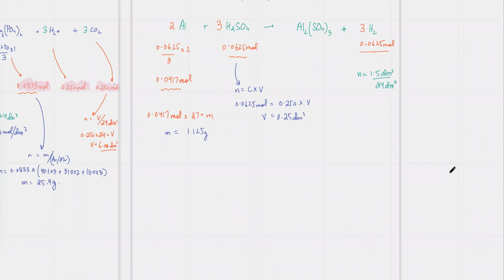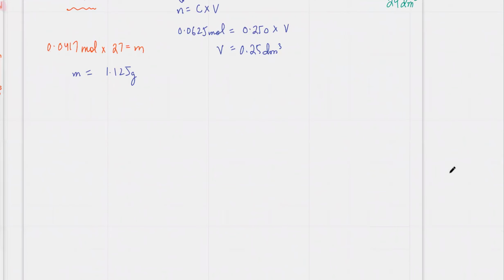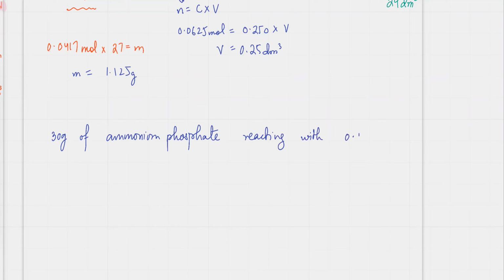So I'm going to write down a reaction. I'm going to give you a reaction. This is your homework. 30 grams of ammonium phosphate. If you're not able to find or write the equation, you can always refer to the internet. So there's 30 grams of ammonium phosphate reacting with 0.15 mole per dm cube NaOH.